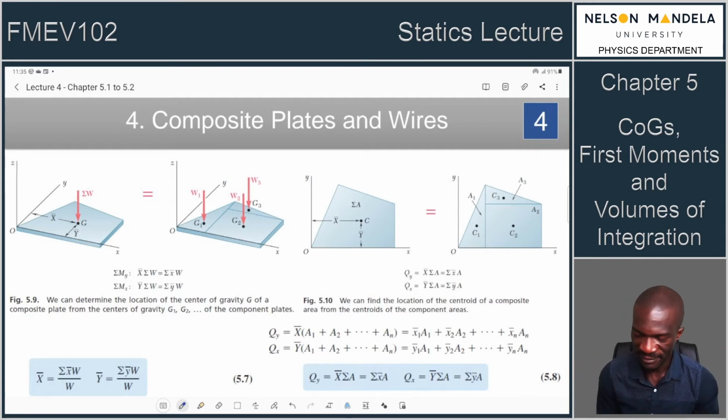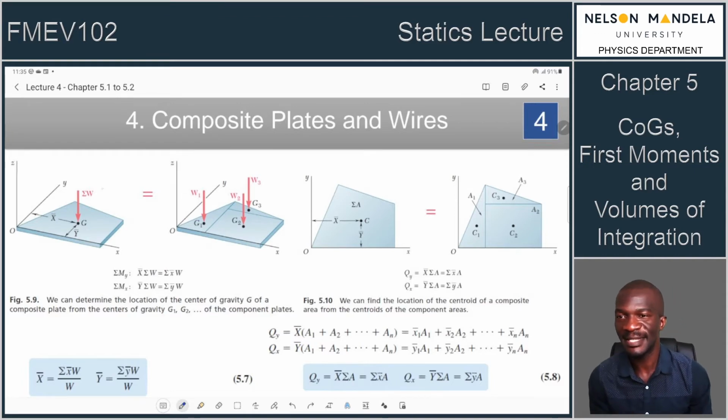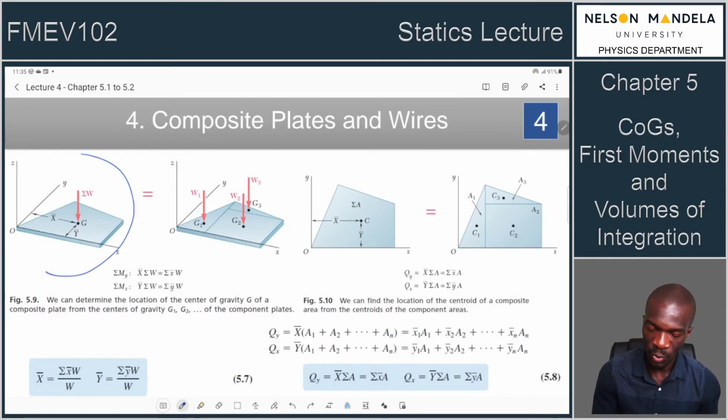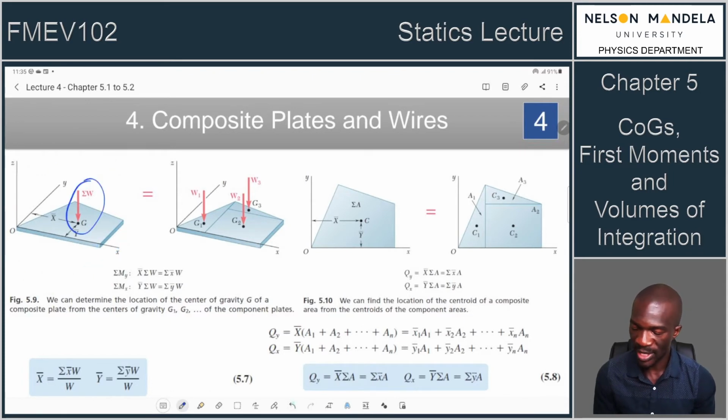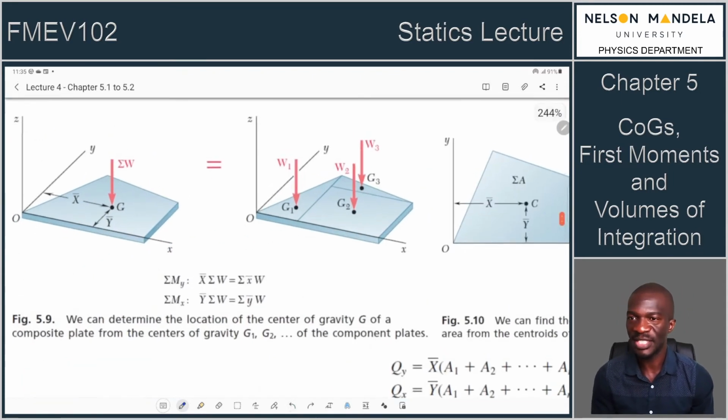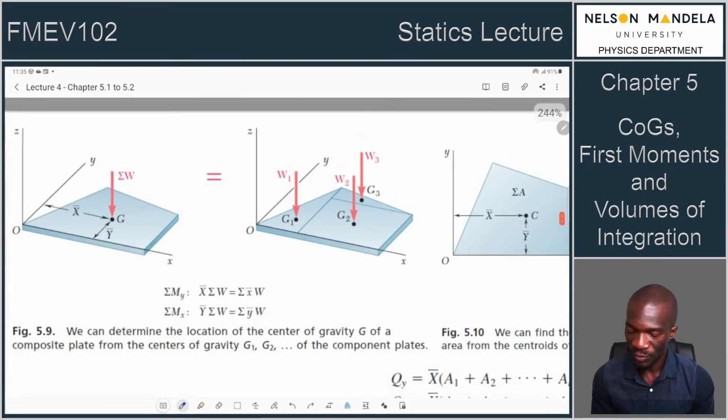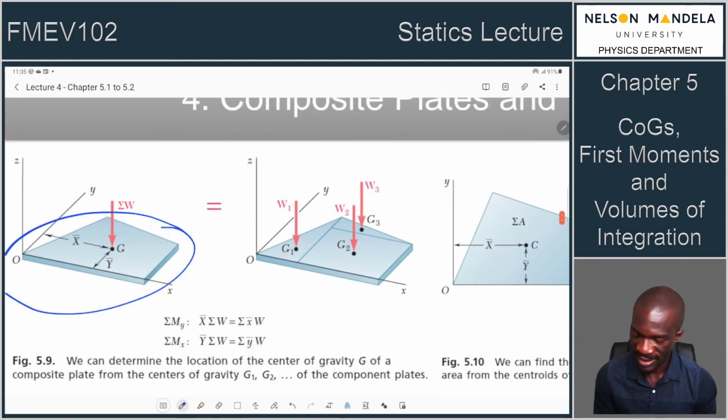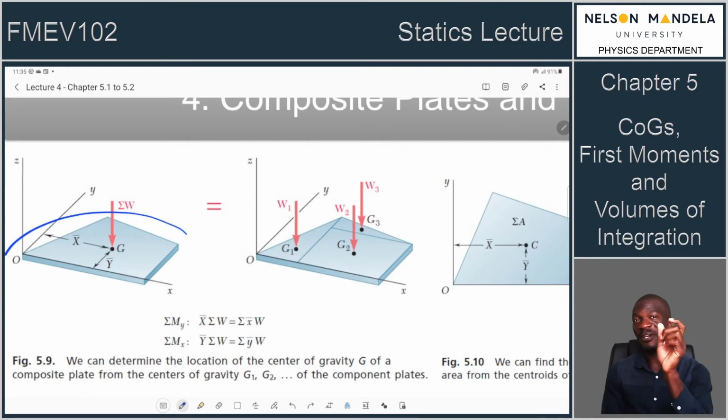So figure 5.9, for example, shows that when we started talking about finding the center of gravity, we looked at one individual body on which the sum of its weights was directed at G.